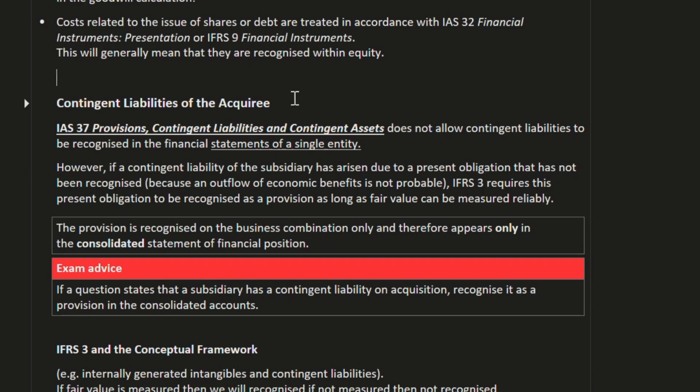Contingent liability of the acquiree. IAS 37 Provisions, Contingent Liabilities and Contingent Assets does not allow contingent liability to be recognized in the financial statements of a single entity. So the provision of contingent liability and contingent asset is not recorded in the financial statements of a single entity.